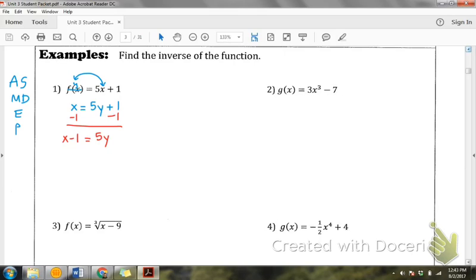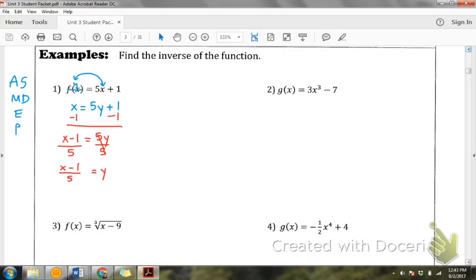Now what should we do to get rid of the 5y? Leanna? Multiply. Multiply? Divide by that. Divide by 5. So we're going to divide everything by 5. I'm going to divide this whole thing over here by 5. I have y equals x minus 1 over 5.